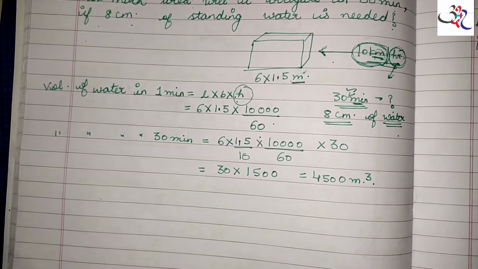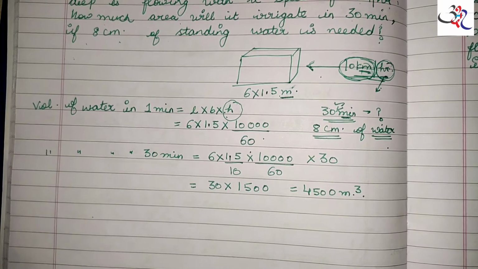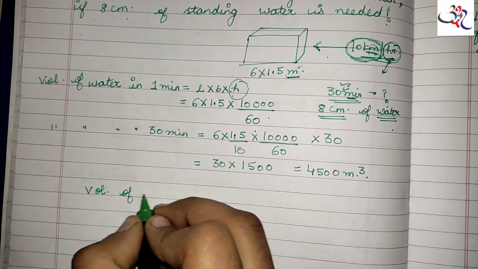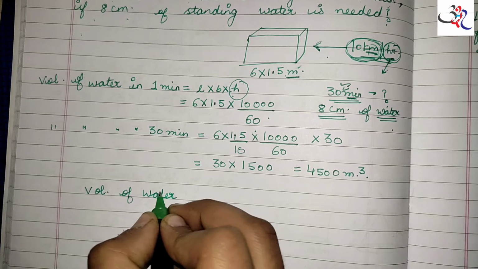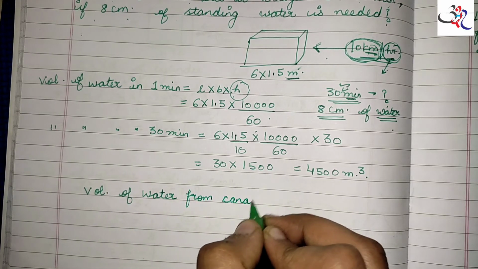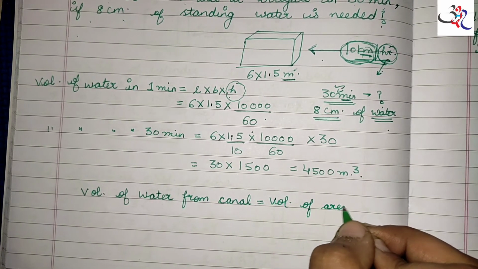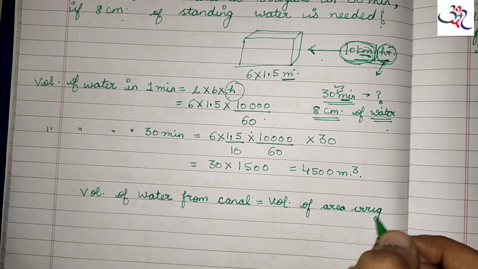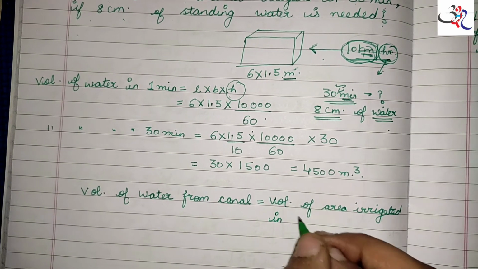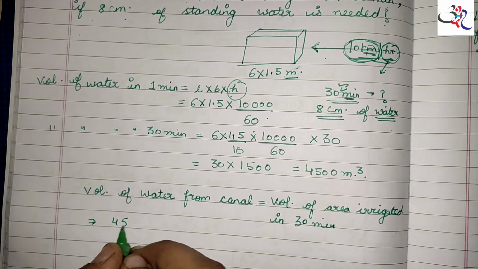Now the volume of the water from the canal is equal to the volume of the area irrigated in 30 minutes. So how much water it releases in 30 minutes, the same volume is used to irrigate the area. So the volume we found is 4500.